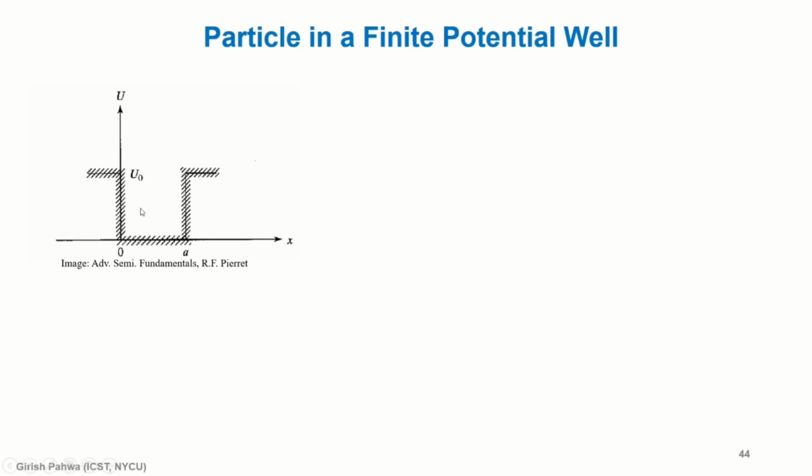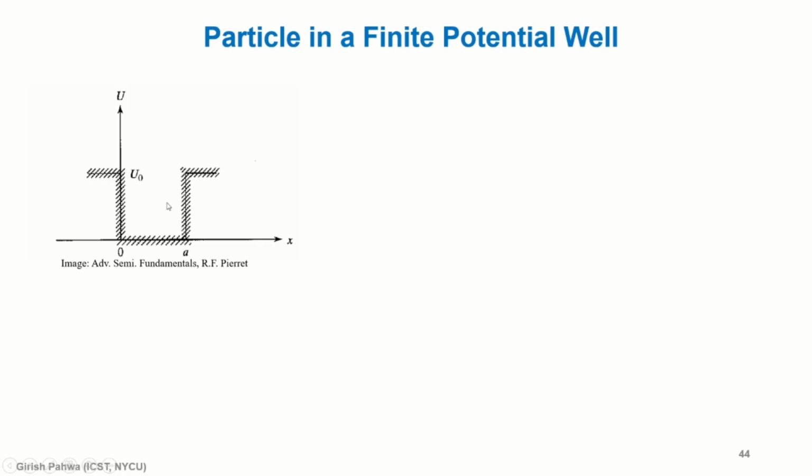If the energy of the particle is very large, it can escape this well. If the energy of the particle is very small, then it will be almost confined. But even if the energy of the particle is less than this U naught, somewhere here, you will find that it can still escape the well.